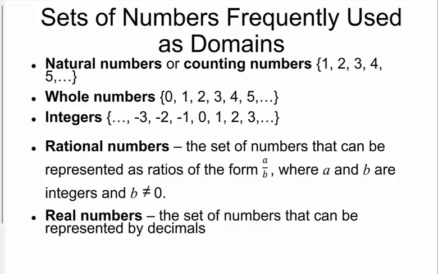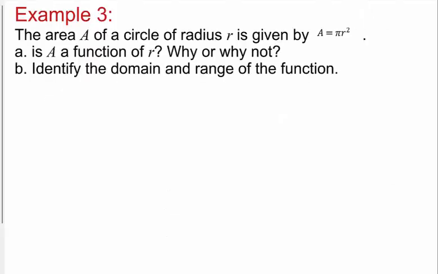And so this makes an interesting thing. All rational numbers are real numbers. All integers are rational numbers. All whole numbers are integers. All natural numbers are whole numbers. So all natural numbers are integers. All natural numbers are rational. All natural are real. All whole numbers are rational. All whole numbers are real. All integers are real. So things like that.